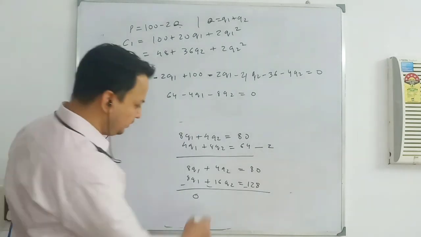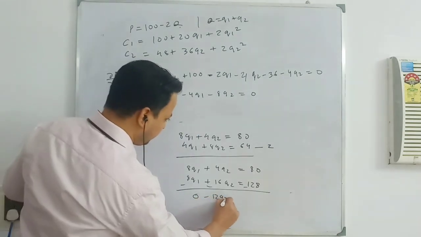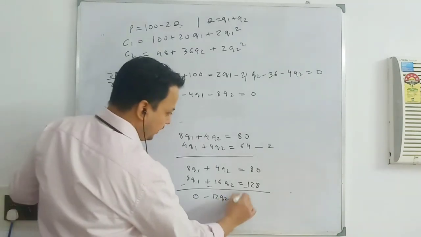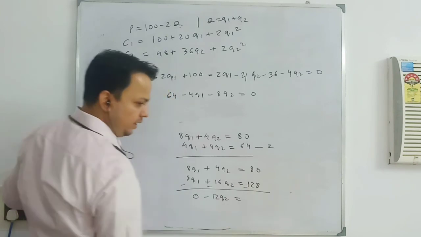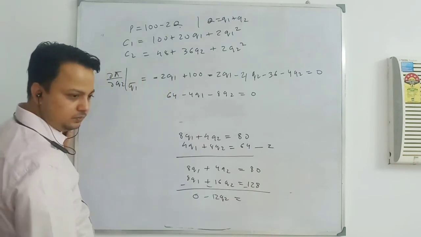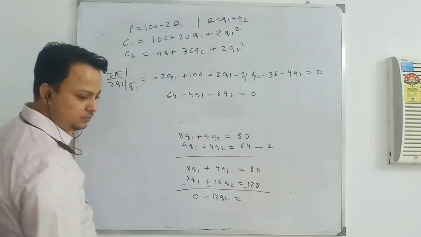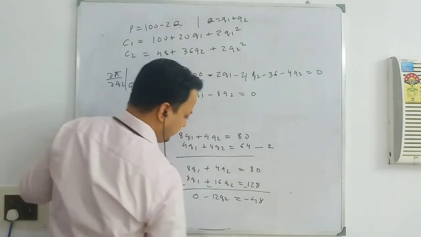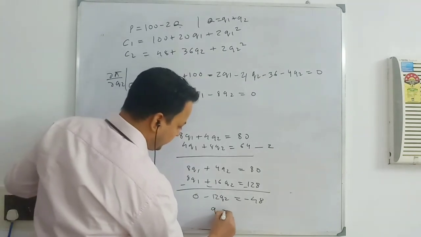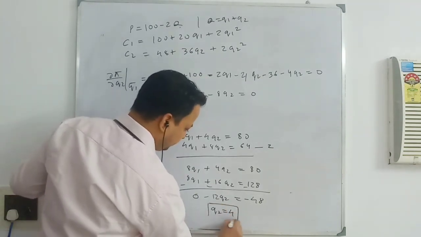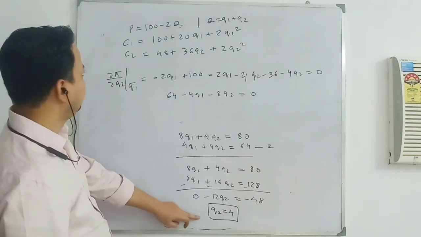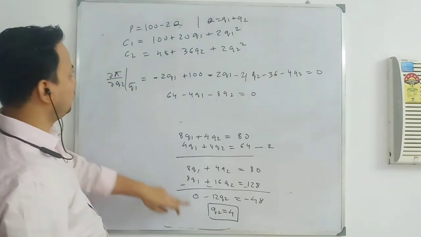Minus 12q2. Yes or no? 80 minus 128, what will you get? 80 minus 128 is minus 48. Okay, so q2 you will get is 4.